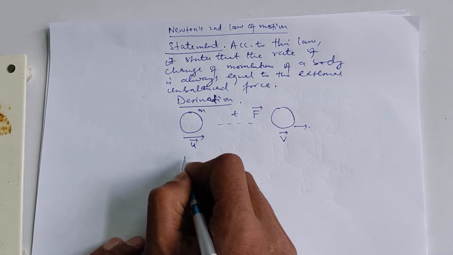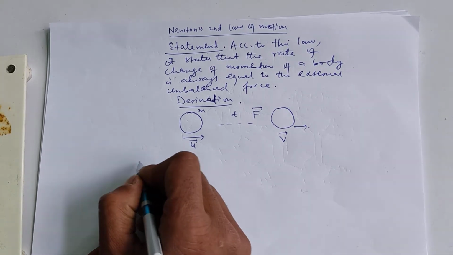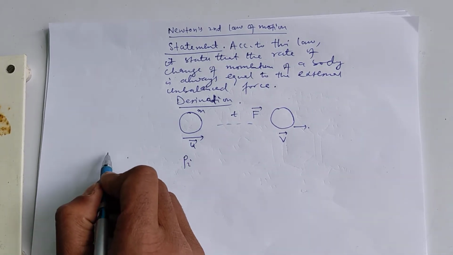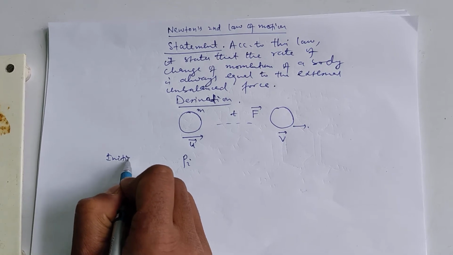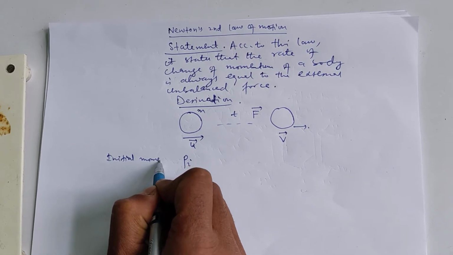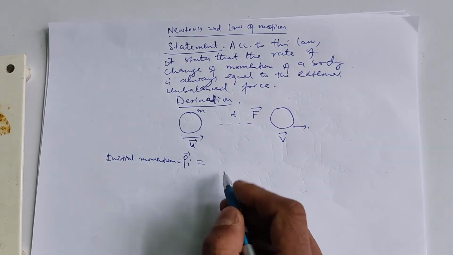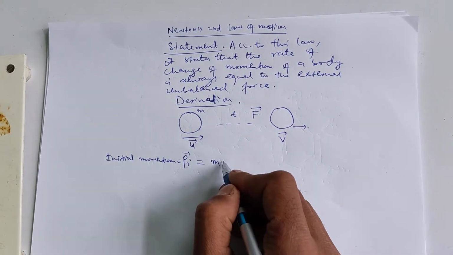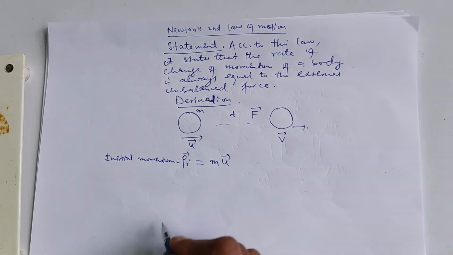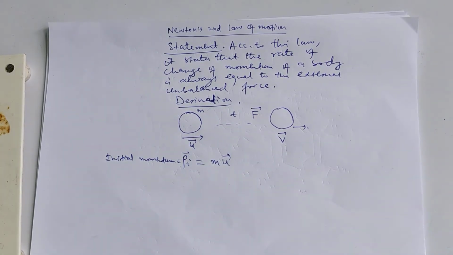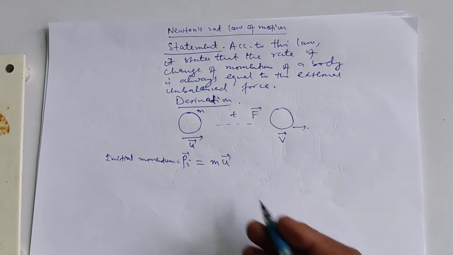So let us first calculate the initial momentum. It is always equal to mass into the initial velocity of the body with which the body is initially moving.